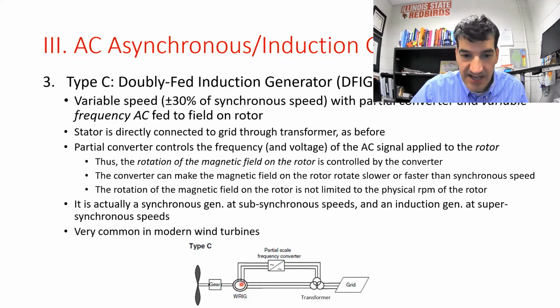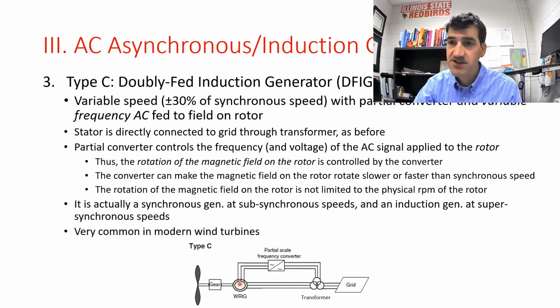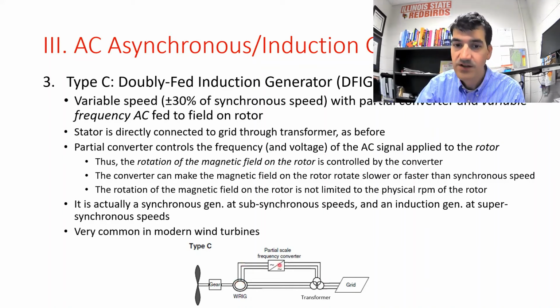So I have electrical connections to the rotor on the inside, this inner ring, this is the rotor. And you can see I have three-phase connections from the rotor on the inside to what we call our converter. What the converter does is it converts AC, this is the AC grid side of the converter.